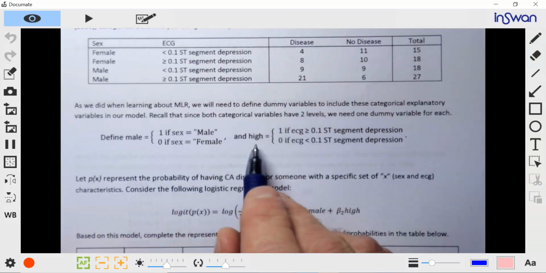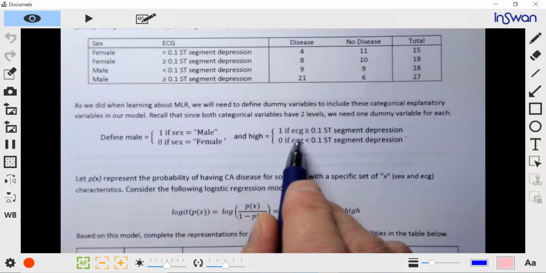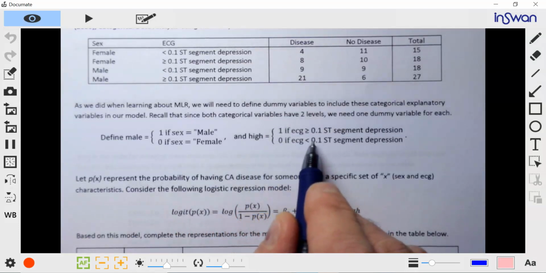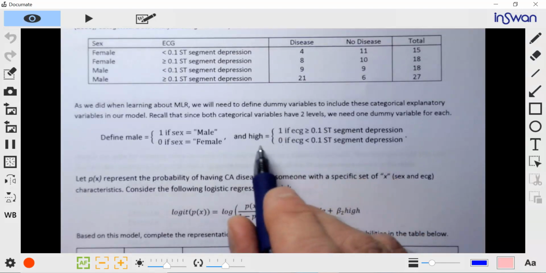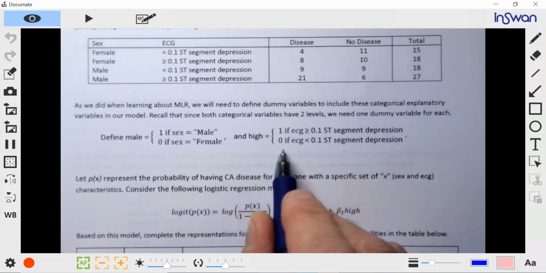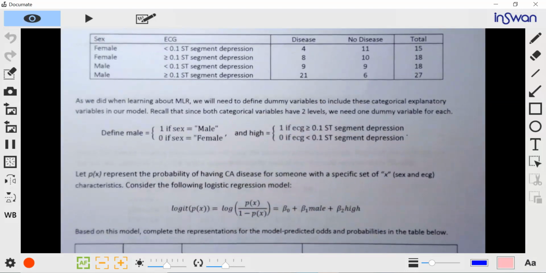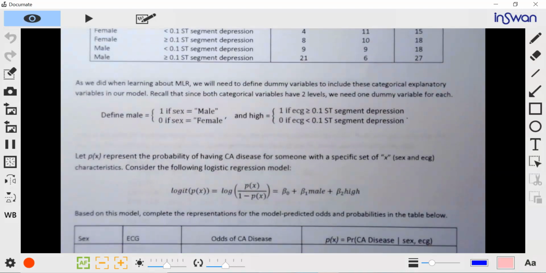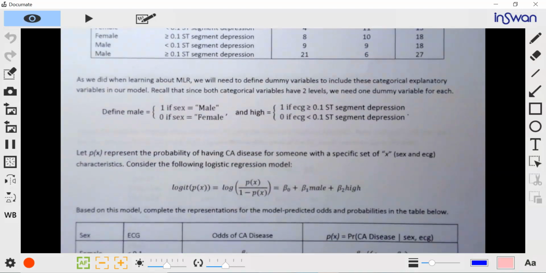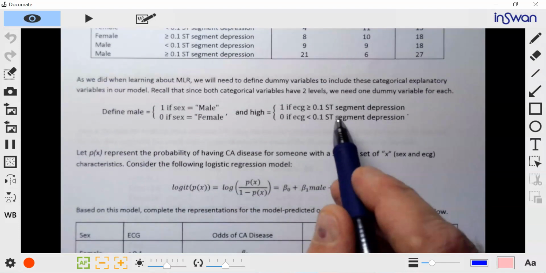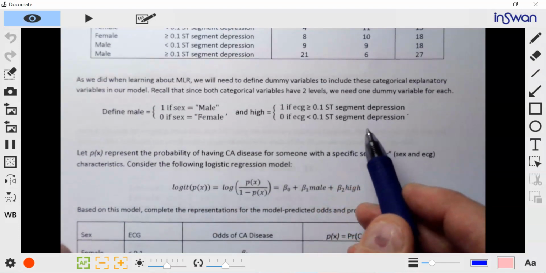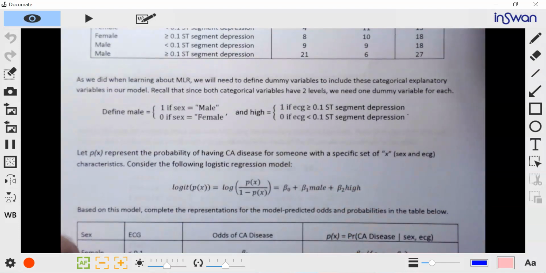And I'm going to call a variable high, which is 1 if we have an ECG bigger than 0.1 ST segment depression, whatever that means, and high is 0 if we have a low ECG. When you talk about ECGs, there are many different things that you can measure, and I'm definitely not an ECG expert, but this ST segment depression is one thing that is measured on an ECG.